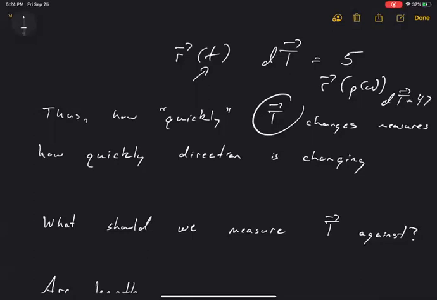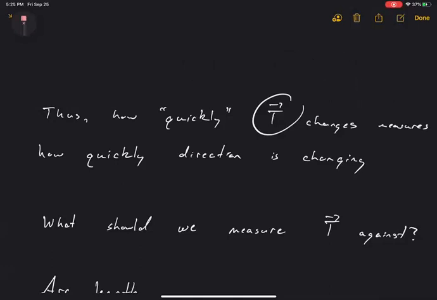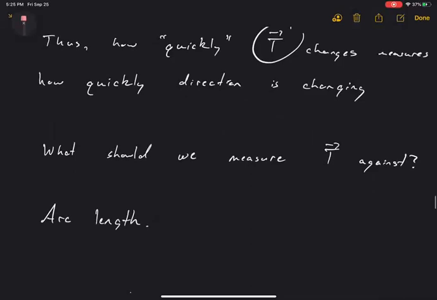So again, we're running into this problem of, what parameterization should we use, and is there kind of a standard? Well, maybe you've guessed that we should be using this idea of arc length. Maybe that's the most natural way to measure this unit tangent vector and its change.